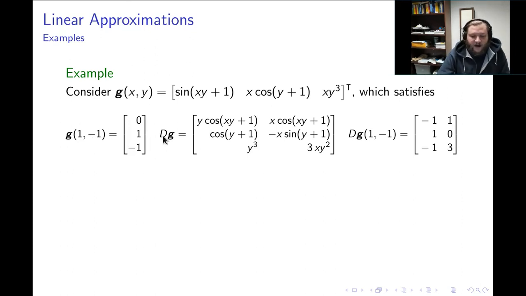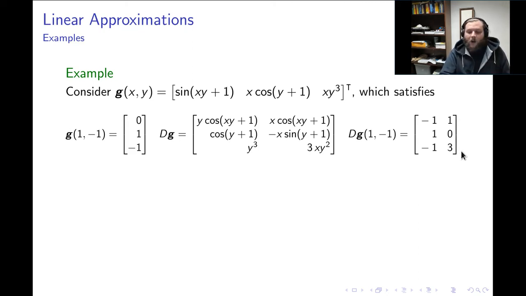Then I'm going to calculate the Jacobian derivative of this function. This is a function from R2 to R3, so its Jacobian derivative is a 3 by 2 matrix. Now I'm going to plug in x equals 1 and y equals negative 1 into my Jacobian derivative, and I produce a specific matrix. Here the columns are negative 1, 1, negative 1, and 1, 0, negative 3.